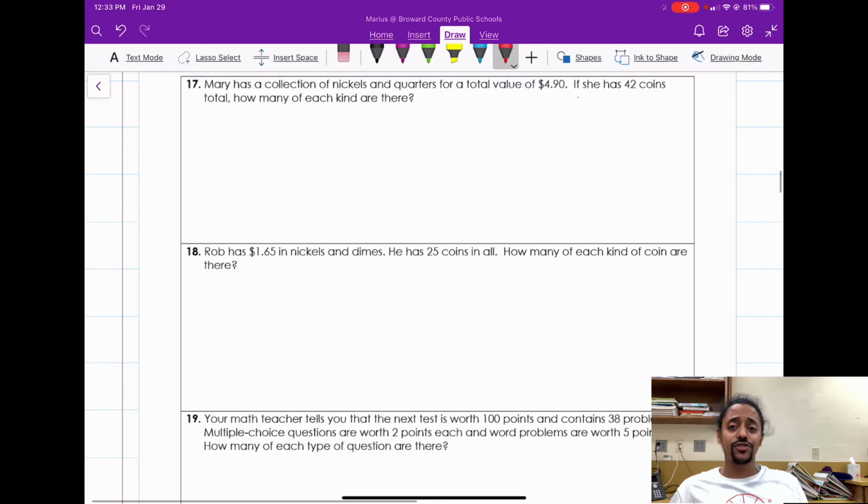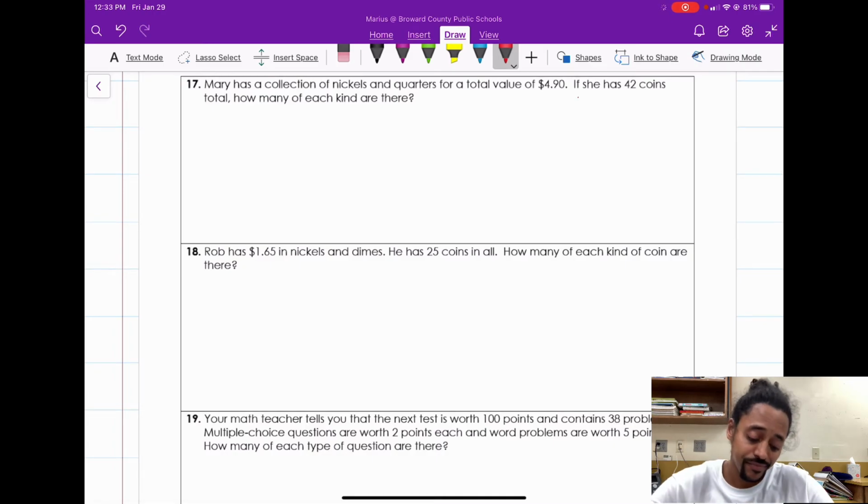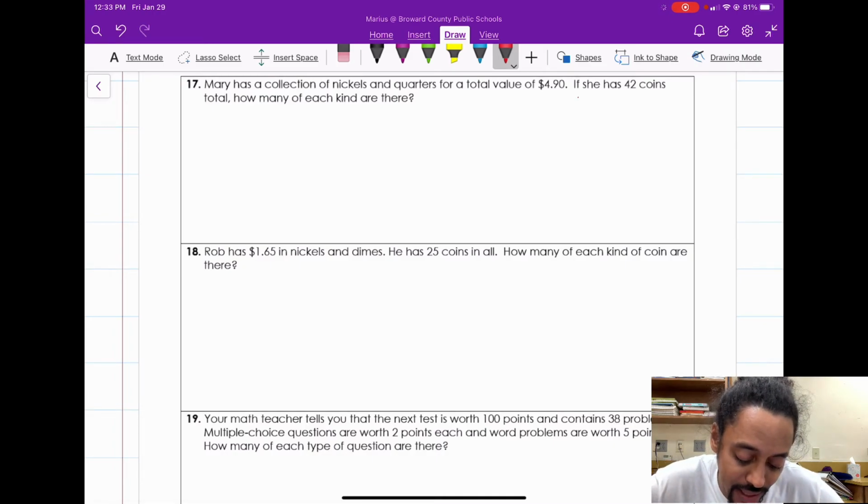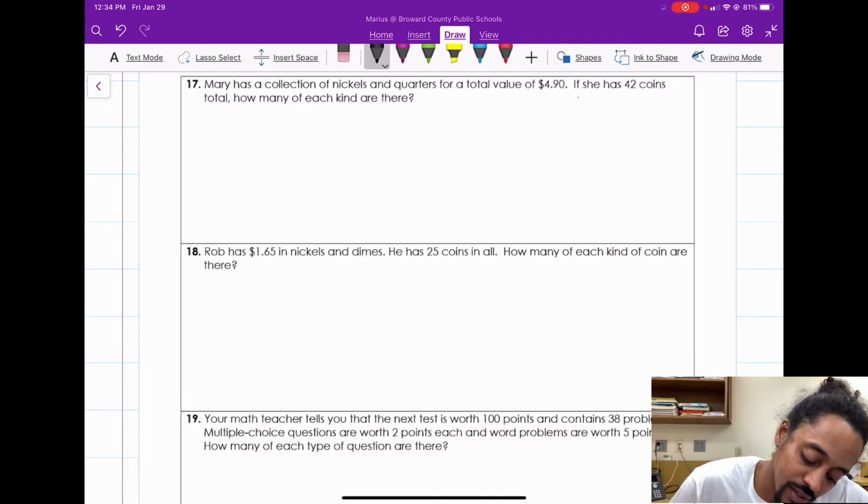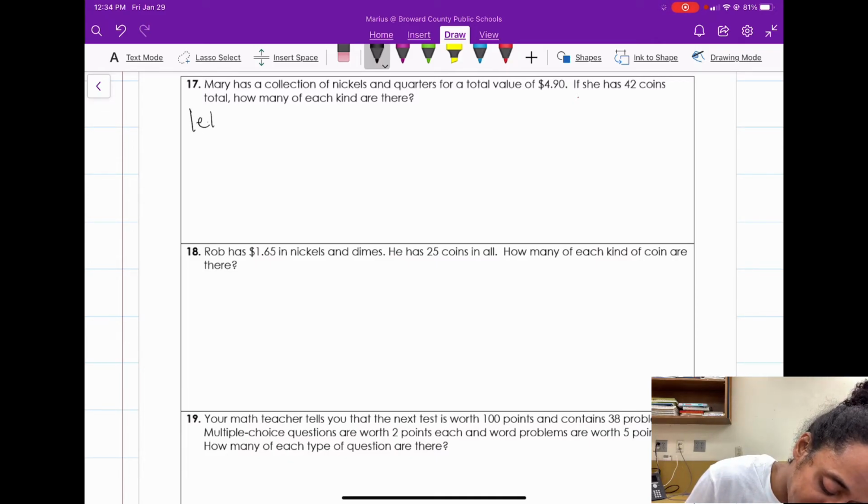All right, and we just have two more after this, 17 and 19, done. Mary has a collection of nickels and quarters for a total value of $4.90. If she has 42 coins total, how many of each coin are there? Let's start off by defining our variables.